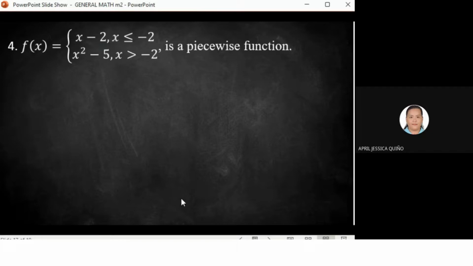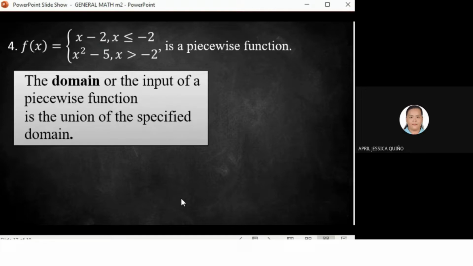Okay, what about the piecewise function? Sa piecewise function, mga anak, you need to remember that the domain or the input of a piecewise function is the union of the specified domain. Anong ibig sabihin nun? These are the specified domains that we have: x is less than or equal to negative 2 and x is greater than negative 2.